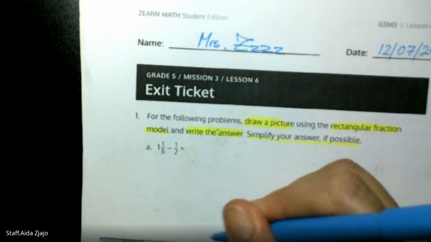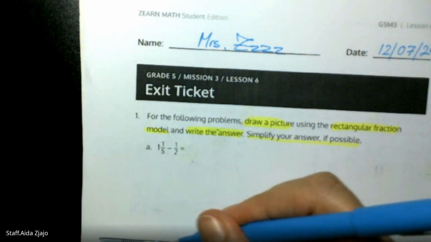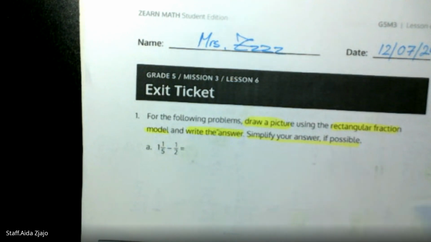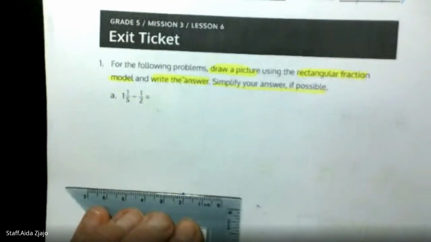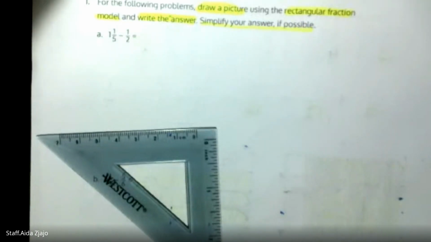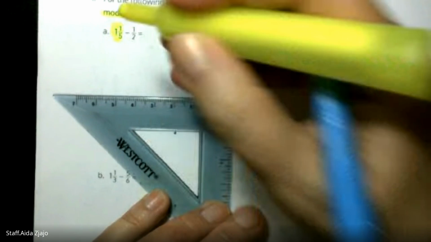I'm going to use the whole as 5 centimeters. 2, 4, 5. So I'm going to represent what I have.